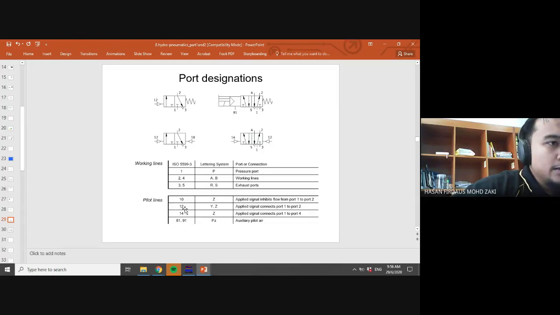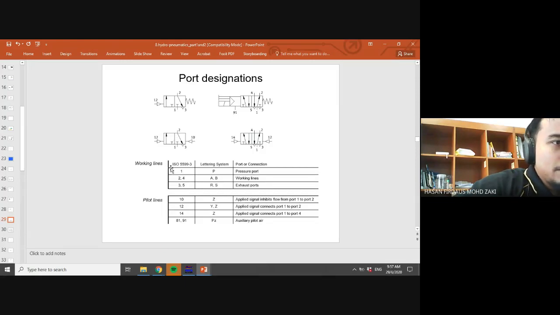12 applied signal connects port 1 to port 2. To remember easily, you don't call it 12, you call it 1-2, meaning you have the flow from port 1 to port 2. Port 1-0 is because it is blocked.